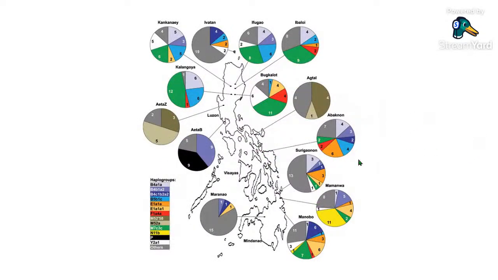Okay, here's the one that has all of the Semitic or Middle Eastern Semitic maternal lineages here. So it's B, which would be this gray and this blue. So the blue colors and gray colors are B. So you can see it's Philippines, right?